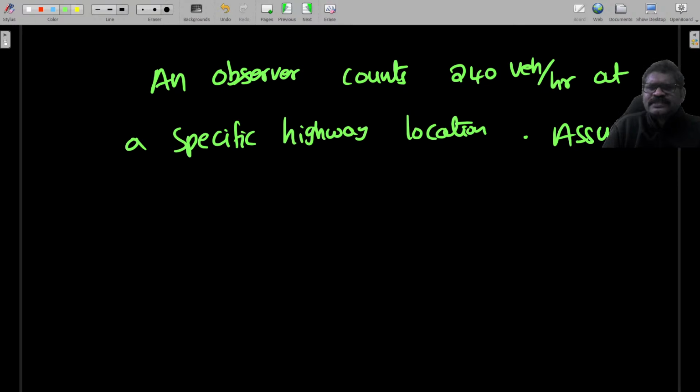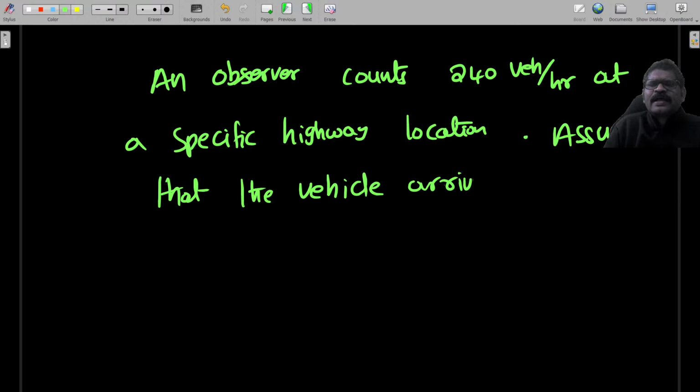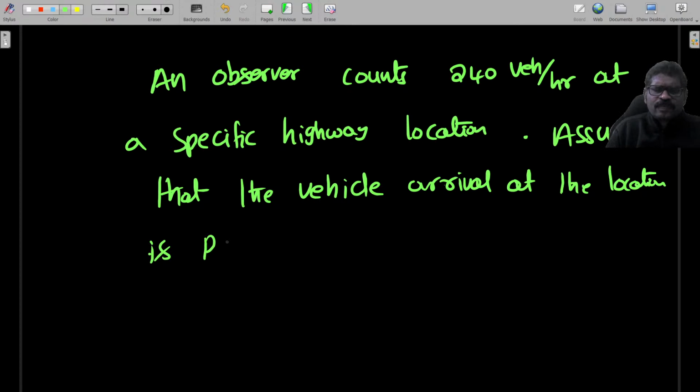Assume that the vehicle arrival at the location is Poisson distributed.